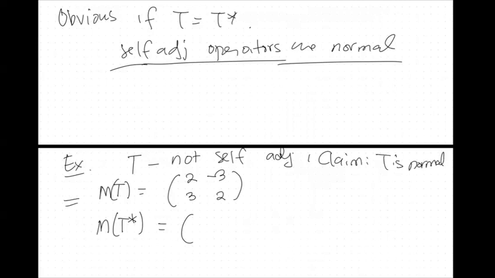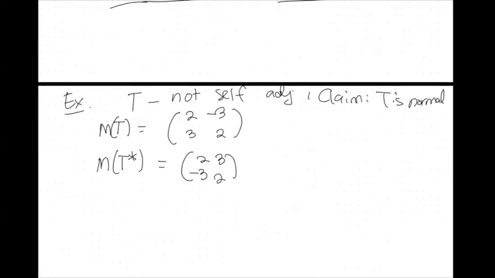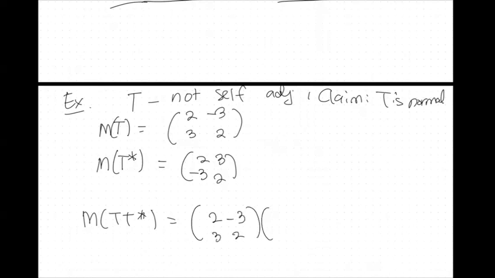So if this is your matrix of T, of course, by some operation, the matrix of T adjoint is [[2, -3], [3, 2]]. And here, the matrix of T times T adjoint is just [[2, 3], [-3, 2]] times [[2, -3], [3, 2]].